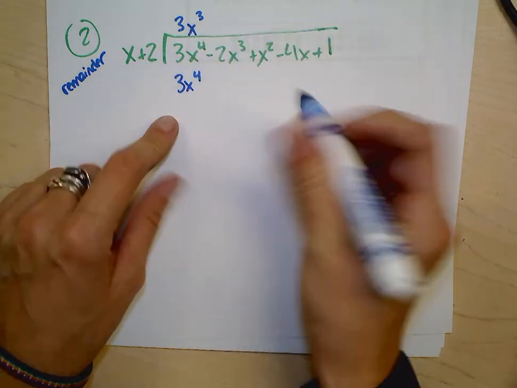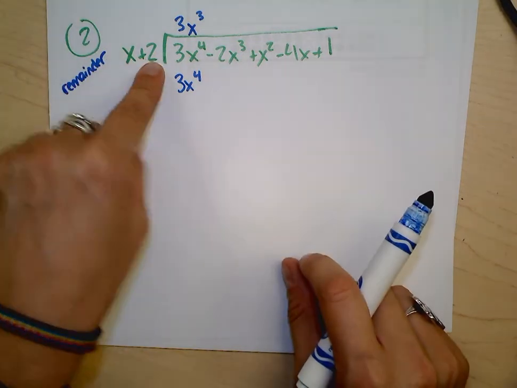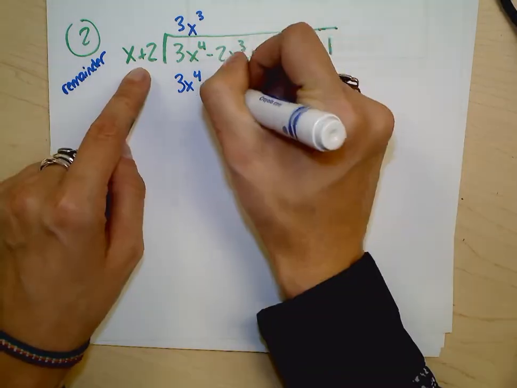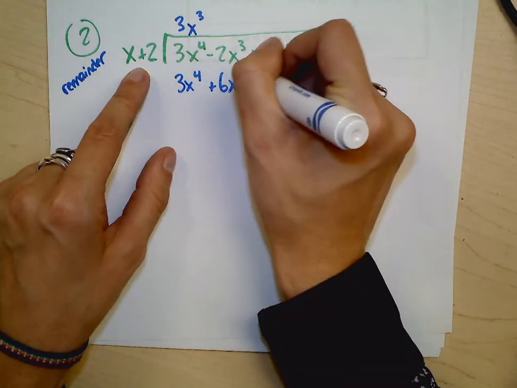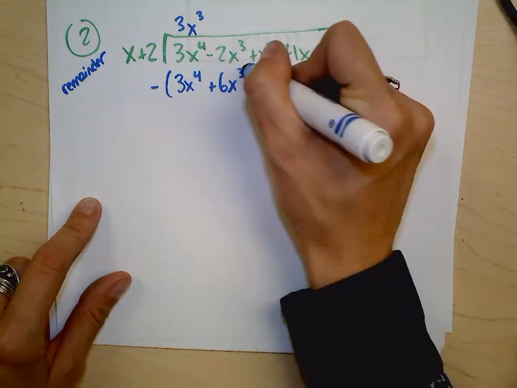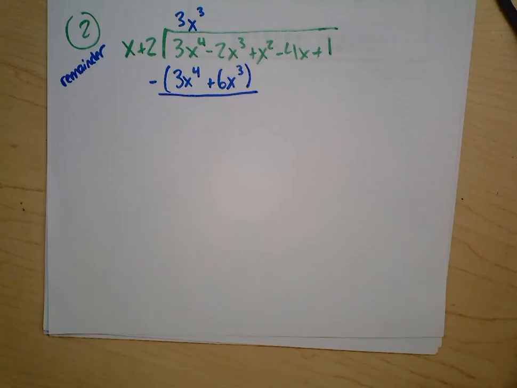And if I have 3x to the 3rd times x, I have to multiply this plus 2 here too. So 3x to the 3rd times 2 gives me plus 6x to the 3rd. Now, always set up your minus parenthesis. The common mistake here is students forget to distribute that negative.